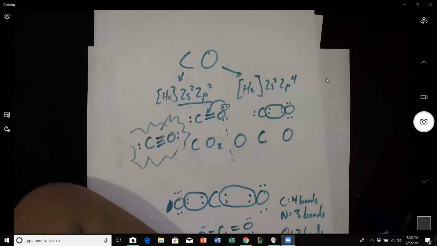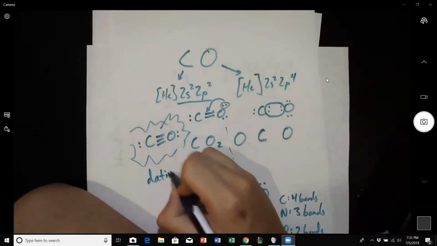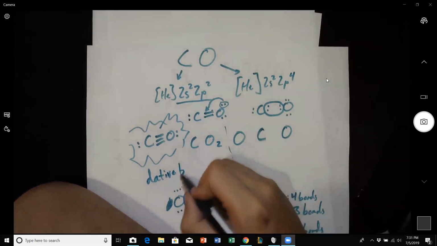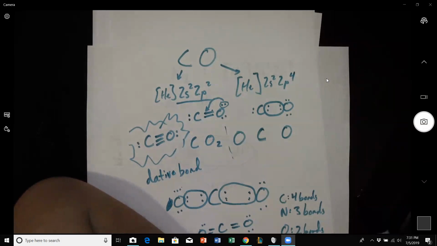And the strange thing about this is that both of the electrons from the bond come from oxygen. So it's almost like the oxygen is giving electrons to carbon in a way. Because of this, we call this a dative bond. Right? Does that make sense? Do you have any questions about carbon monoxide?